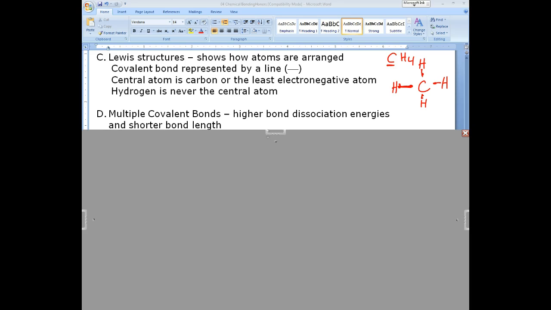The more bonds you have, the higher the bond dissociation energies, which just means stronger bonds. The more bonds there are, the stronger they are, and the shorter the bond lengths are.